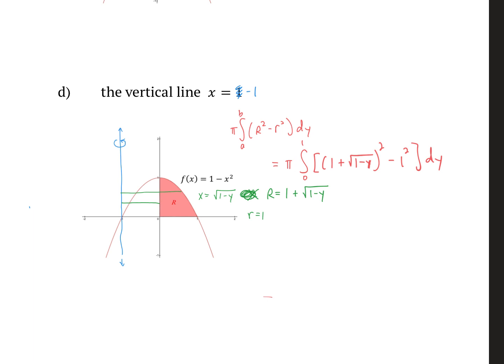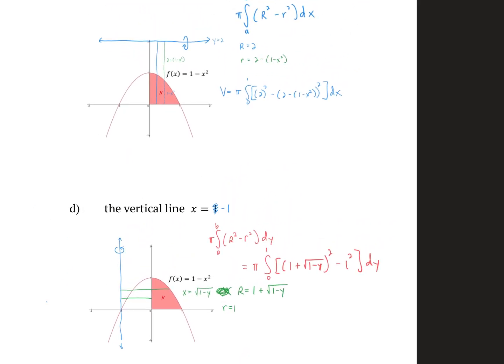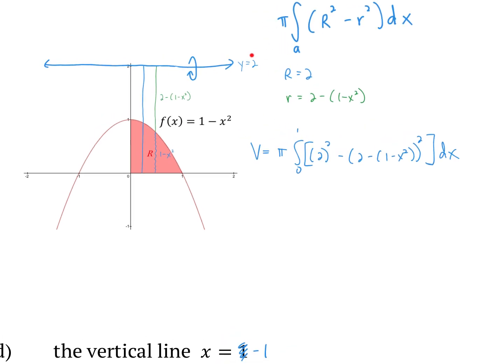Okay, so notice what we really did. Look at these two. If the axis of rotation is either above or to the right, you would do the axis of rotation minus the function. That's what we did for this one. We did the axis of rotation 2 and then minus the function to get the radius.